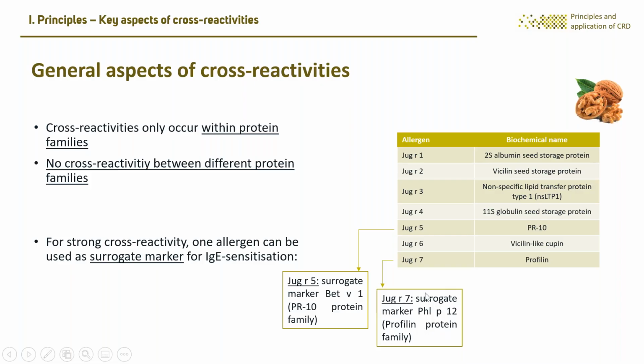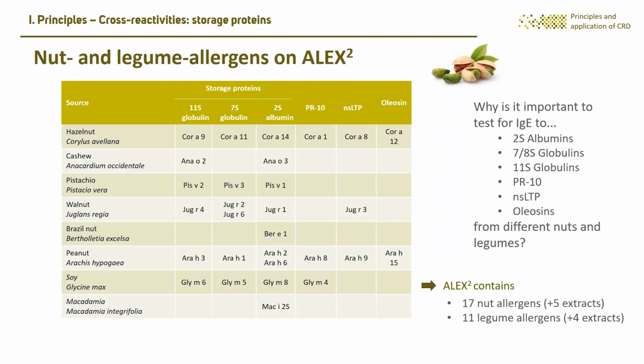This means that it is not necessary to test the patient's sample to all different profilins. It is enough to use one profilin, and if the patient is positive, he will be positive to most other profilins without the necessity to test the patient. This is true for some allergen families, but not for all of them, unfortunately.